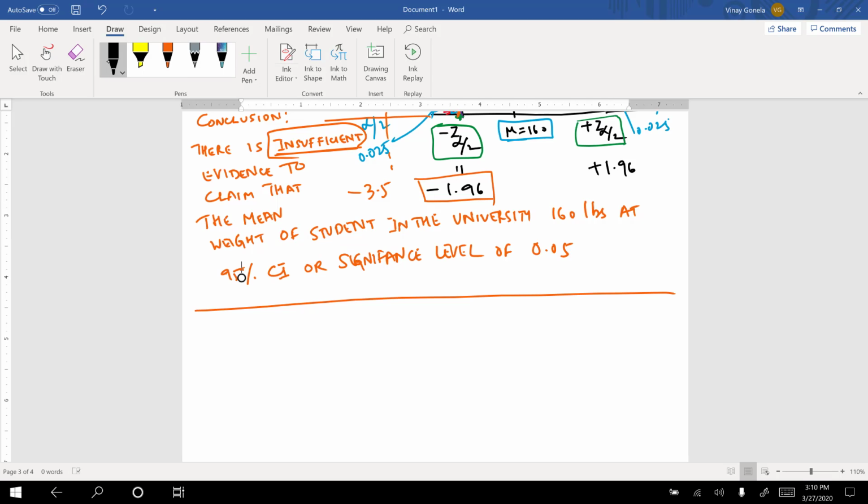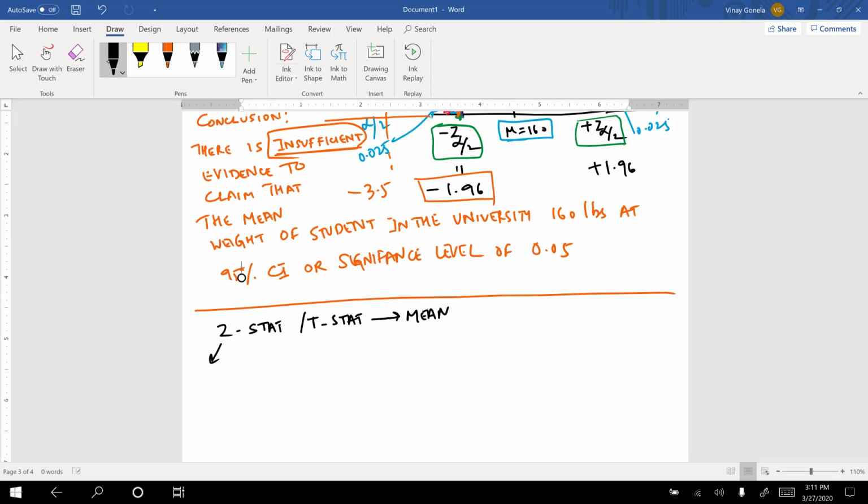So in these kind of problems, the first thing is determining whether it is z score, z stat or t stat, especially with mean problems, is important.